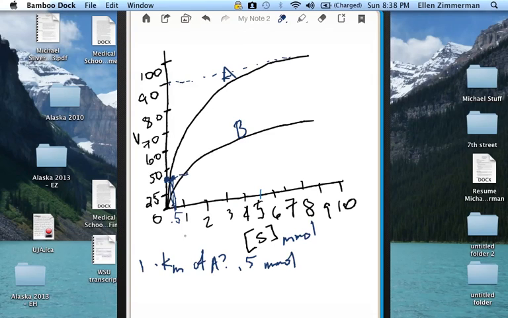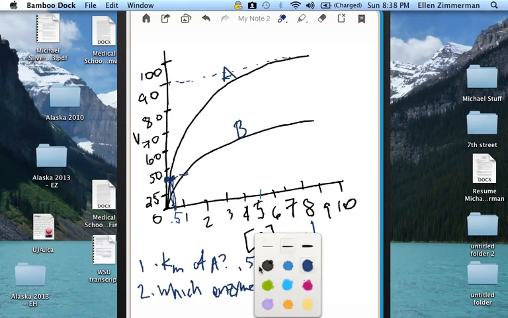Let's say question 2 is, which enzyme is more efficient?